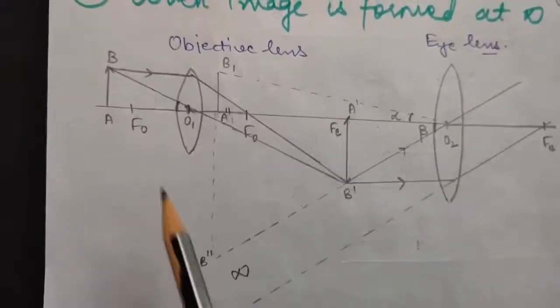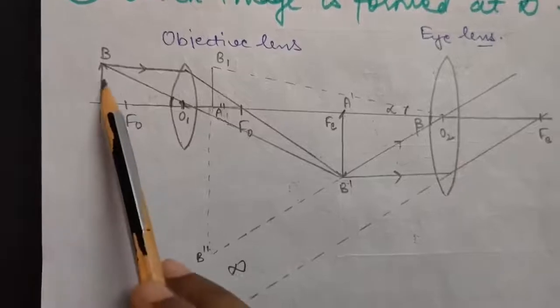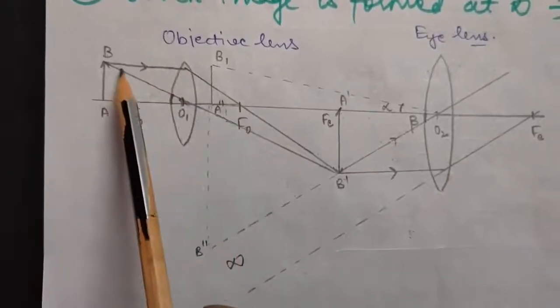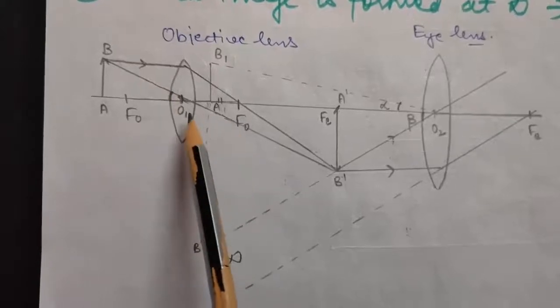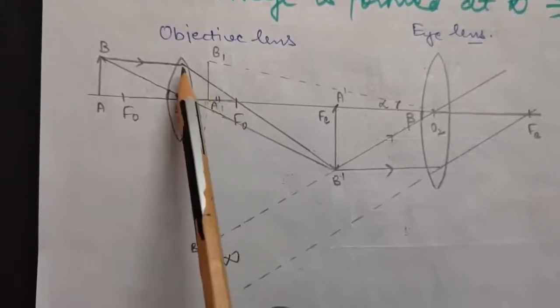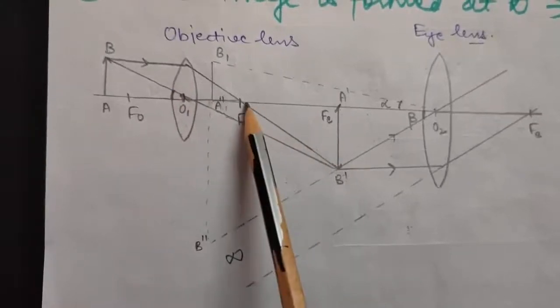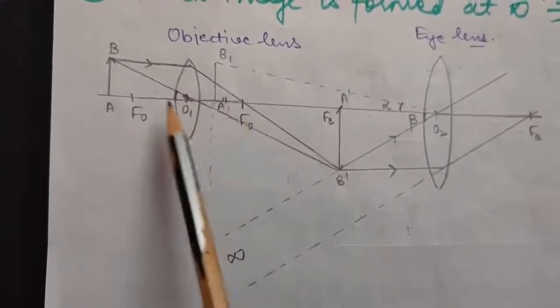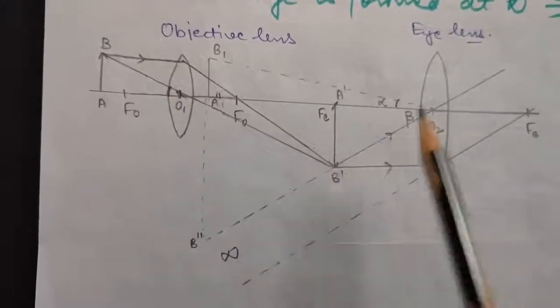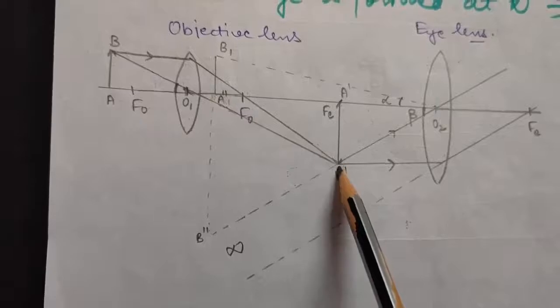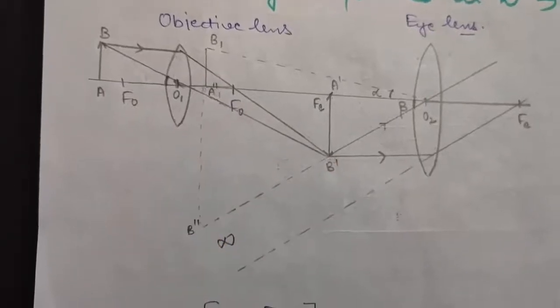Okay, so now your AB is the object. So we have taken two rays, one which is parallel to principal axis and one which is passing through optical center of this objective lens. Okay, so they are meeting, so this will pass through focus, that is focus of your objective lens, and this will go undeviated. So here the image will be formed, that is A dash B dash, which is formed due to this objective lens.